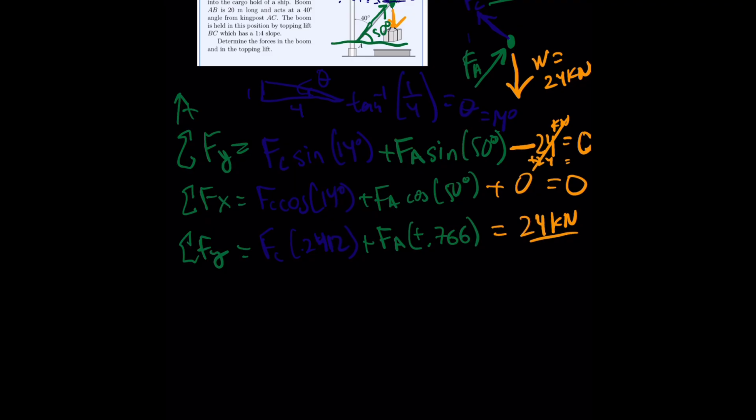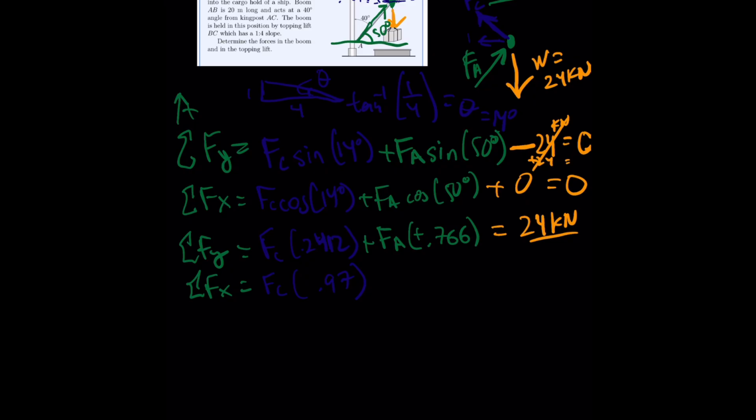Now we can go for the sum of the forces in the x direction equation, and we can see F of C times cosine of 14 degrees, which is going to be 0.97. But we have to remember that our little arrow is pointing this way, so the projection is going along this direction.